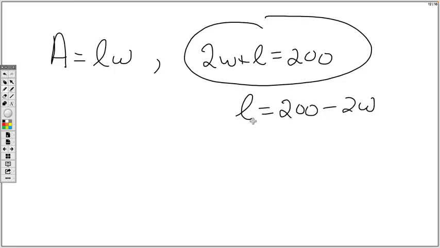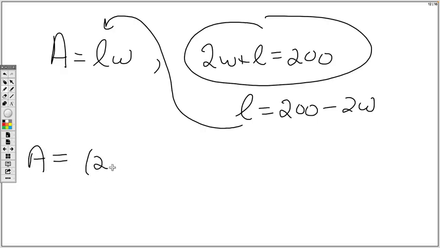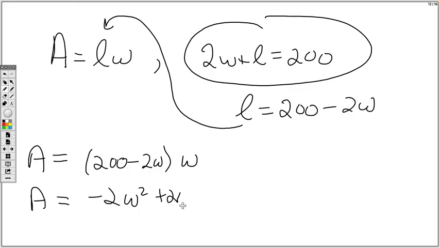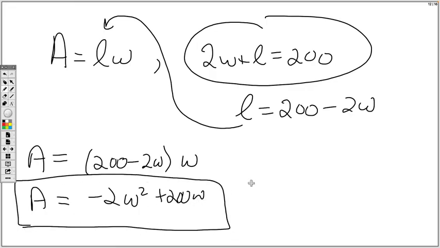And then what can I do with this expression for L? I can plug this back into there, and now I have an expression for the area in terms of the width. And if I go ahead and simplify this, I now have area as a function of W.